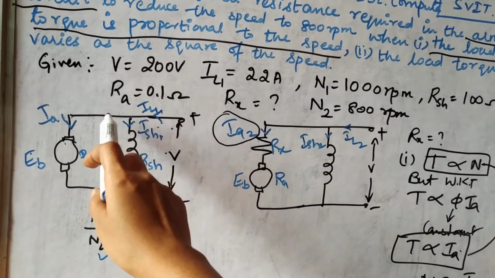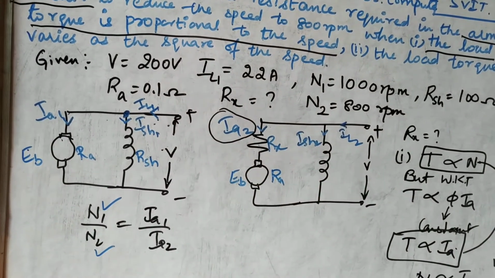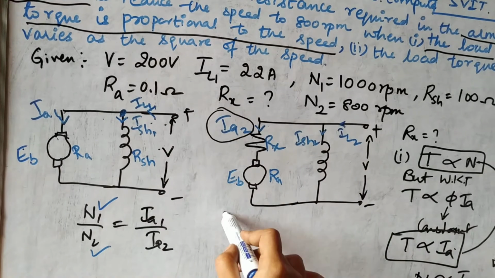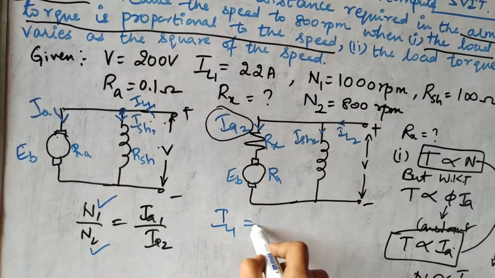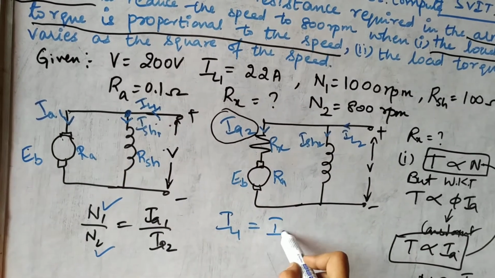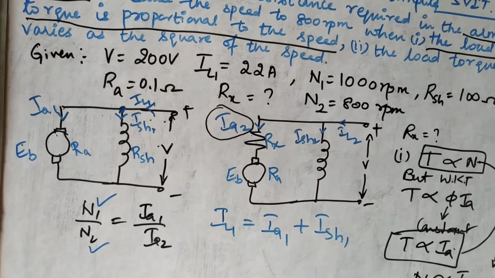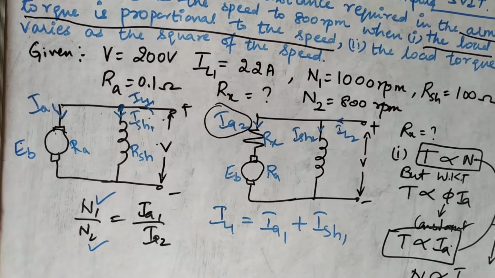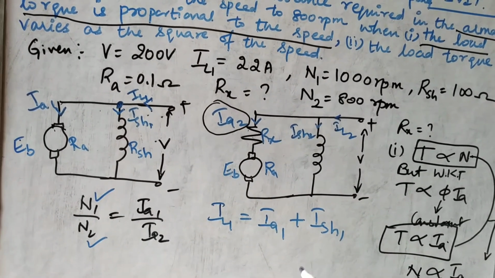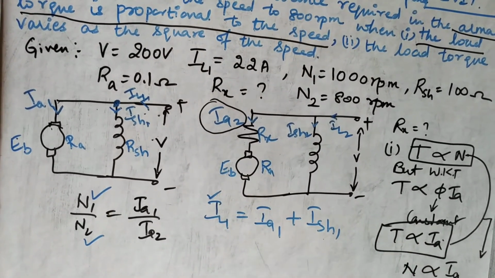See, let us apply the KCL to this node, to the first circuit. What are the incoming currents? IL1 is the incoming current, and Ia1 and I shunt 1 are the outgoing currents. We know IL1, you will substitute, but we don't know I shunt 1.